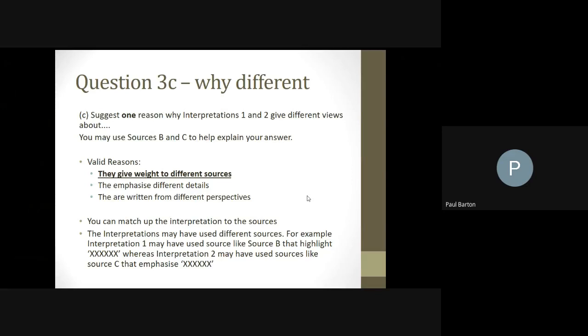In the example I gave, you might say interpretation 1 may have used sources like source C, which highlight women stayed in work and didn't give up their jobs. Therefore, the Nazi policies weren't successful. You're just showing what they highlight. Okay, hopefully that's nice and clear. Remember, it's only 4 marks, so you don't need to spend too long on it. It's just matching up the interpretation to the source and explaining what it is they both highlight. Okay, thank you very much.